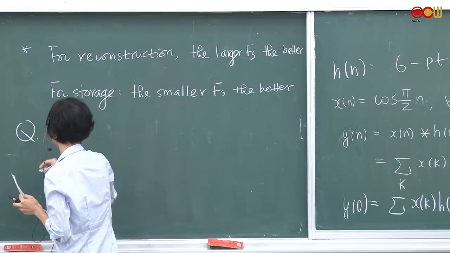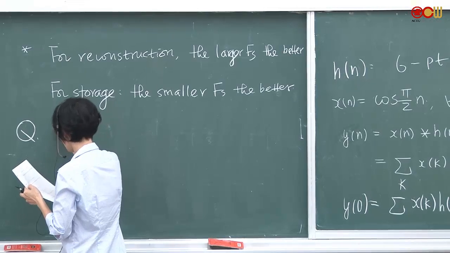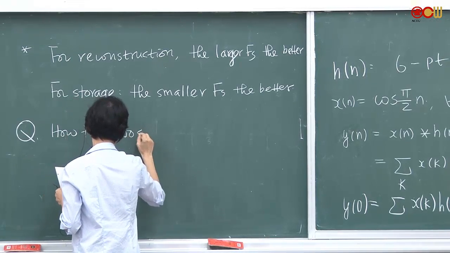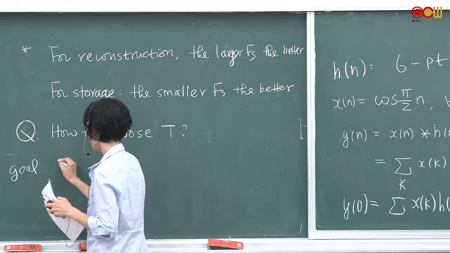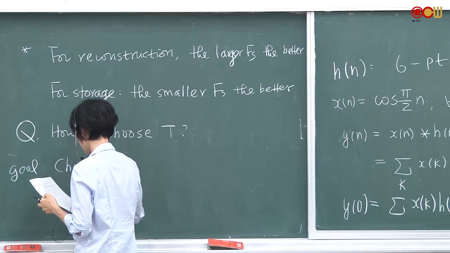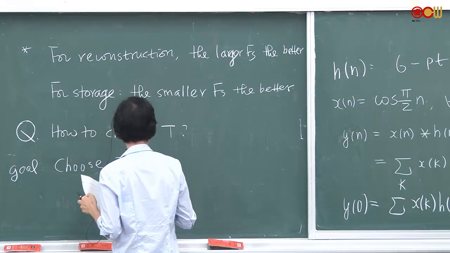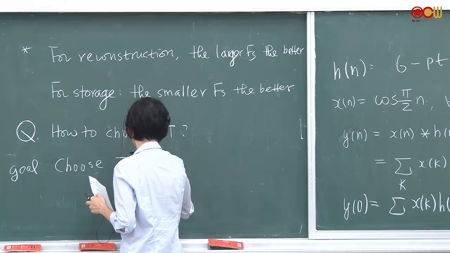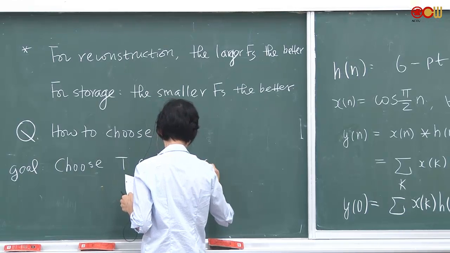So that brings us to the very important question, how to choose T. And what's our goal? We would like to choose T to be as large as possible, right? As large as possible.